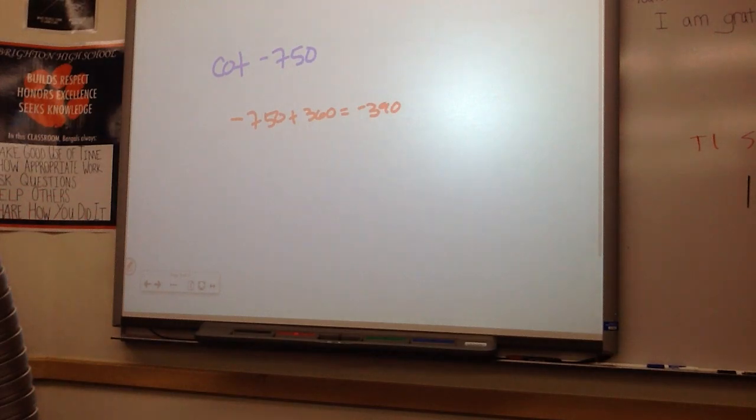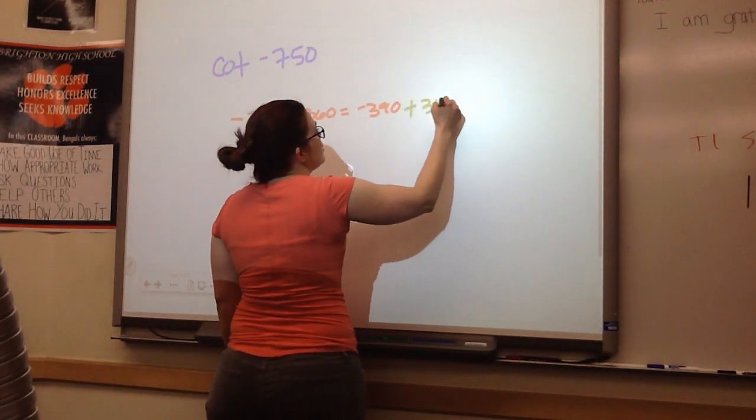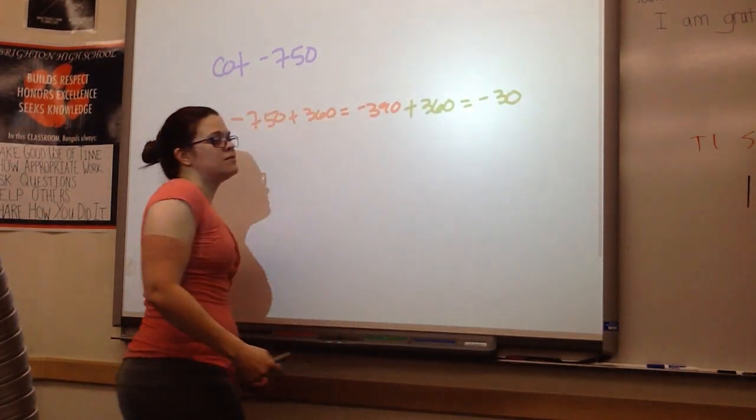That's still negative, so we add another 360, which gives us negative 30.